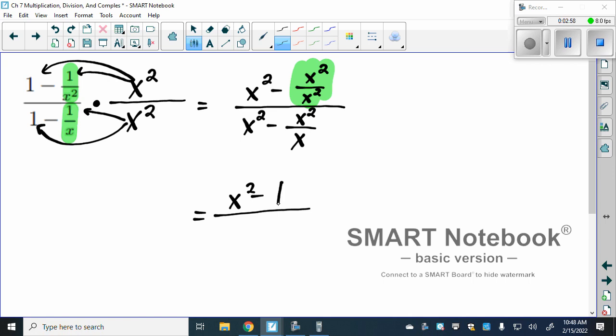Now in the denominator we still have the x squared minus x squared divided by x. It would become 1x, or just x, because when we have like bases that are being divided, we subtract the exponents. 2 minus 1 would be 1. And since it's bigger on top, it stays on top.